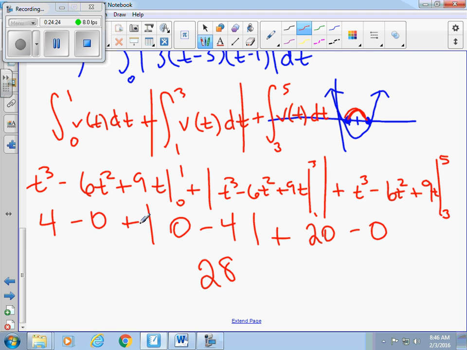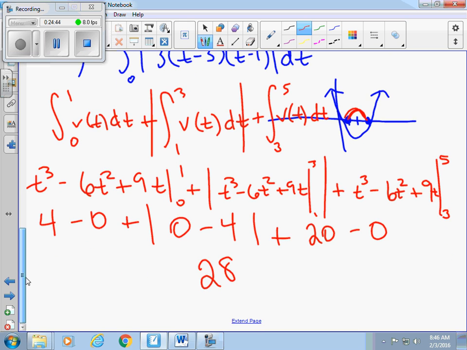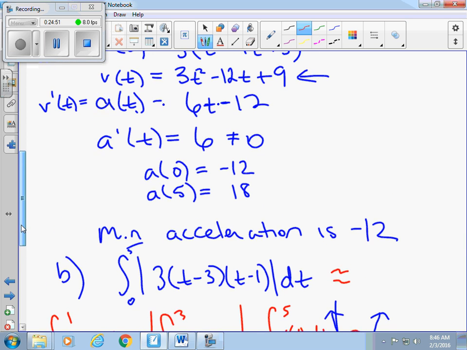Yes, it has to be numerical. You can do that as long as it's numerical. You can't leave it like this, but you can leave it as any numerical answer. If it's a calculator one, when you write this down and go boop, boop, done. You just don't do any work if it's calculator.